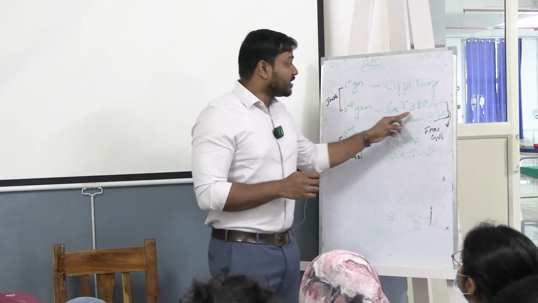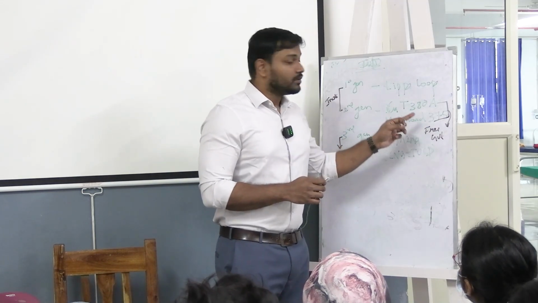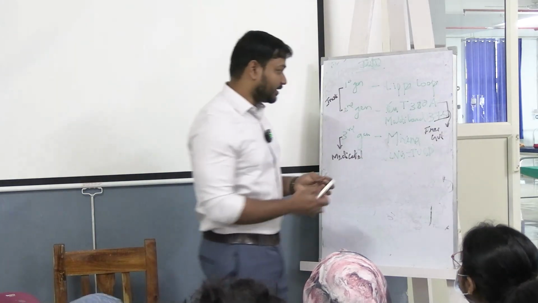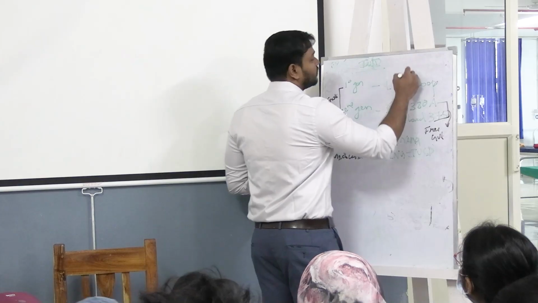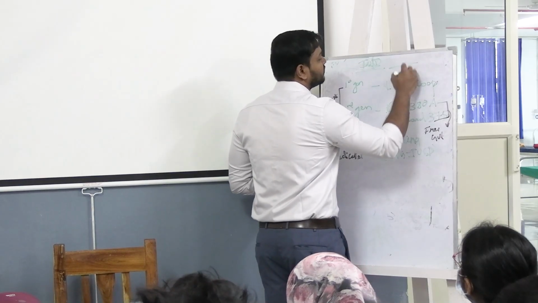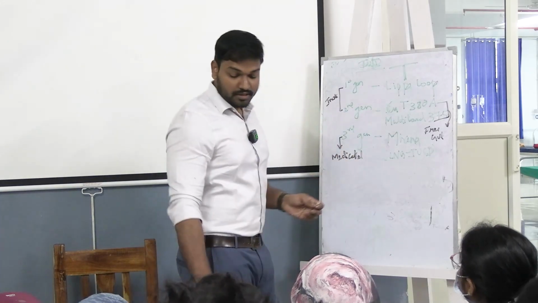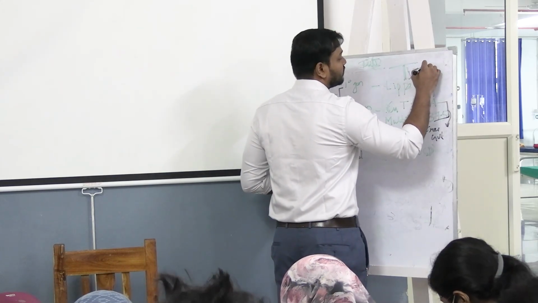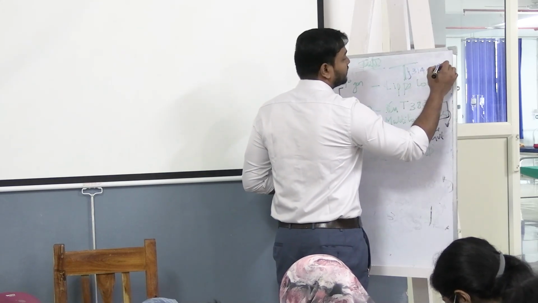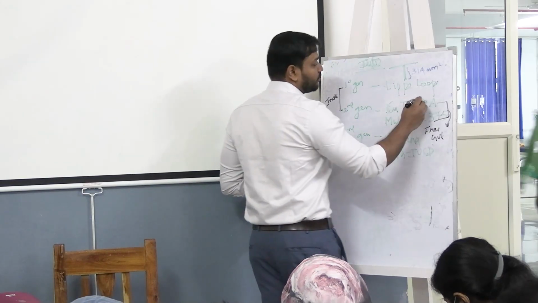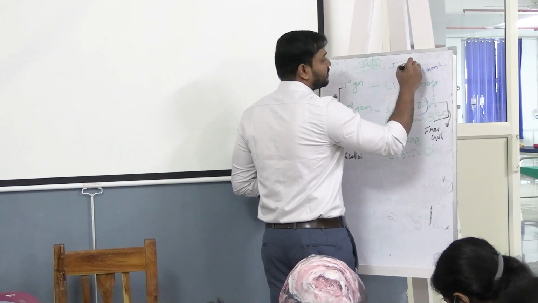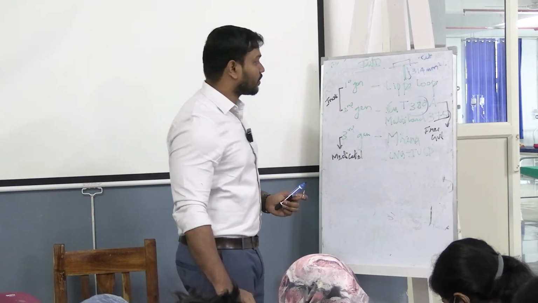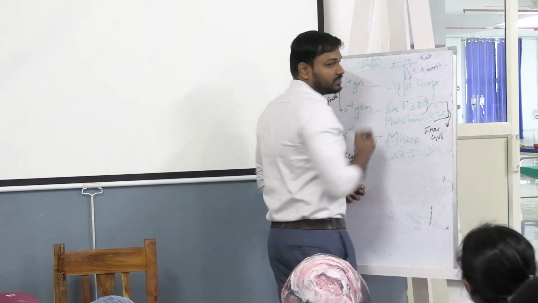Okay. Why 380? The surface area of copper T is 380. This is the stem. This is the arm. Stem will have approximately 314 millimeter square out of 380. The rest will be in the arm.